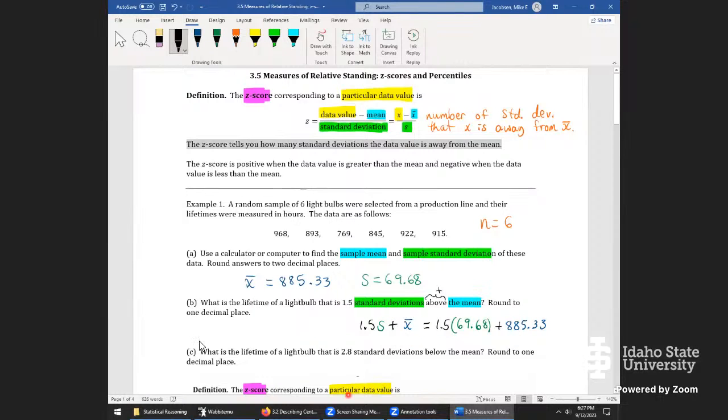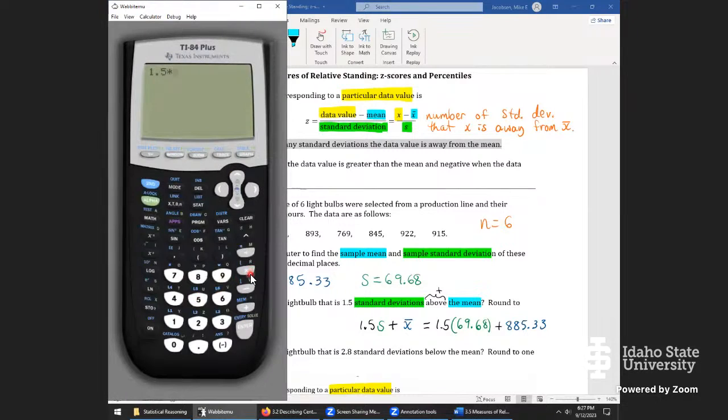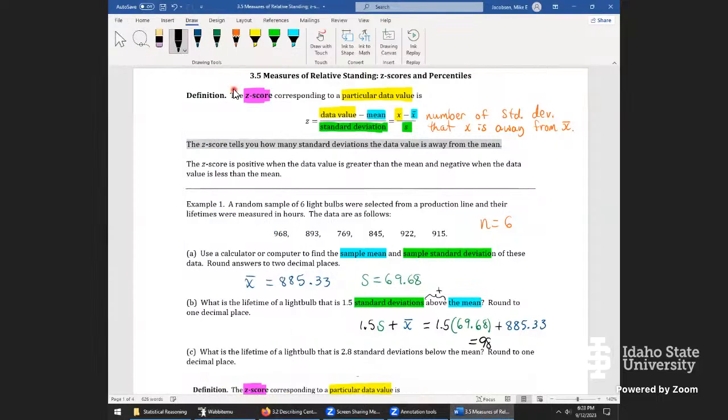So we'll go 1.5 times 69.68 plus the mean of 885.33. So that's our value we're going to get, 989.85. And by the way, there's context to these numbers.